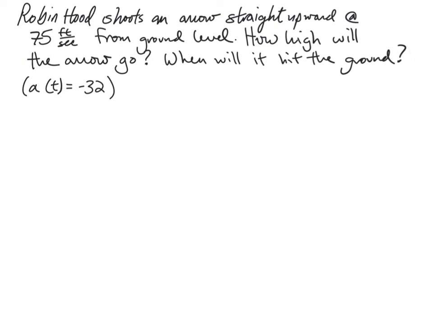This is exactly an initial condition problem. How can we know that? Well, if we take the time to rewrite acceleration as the second derivative of the position function, we can also write an initial condition for the velocity that's sort of hidden up here.